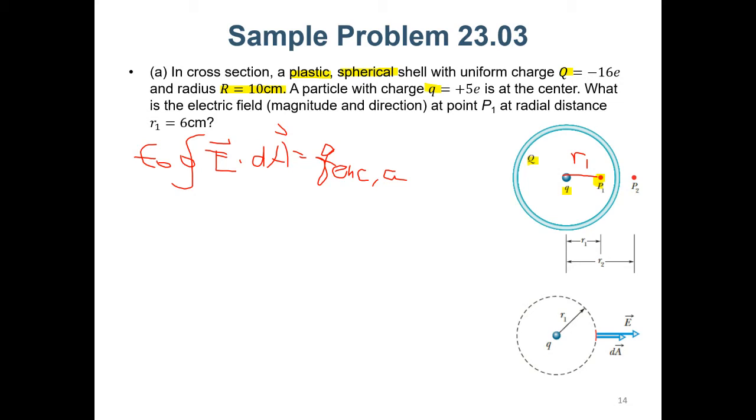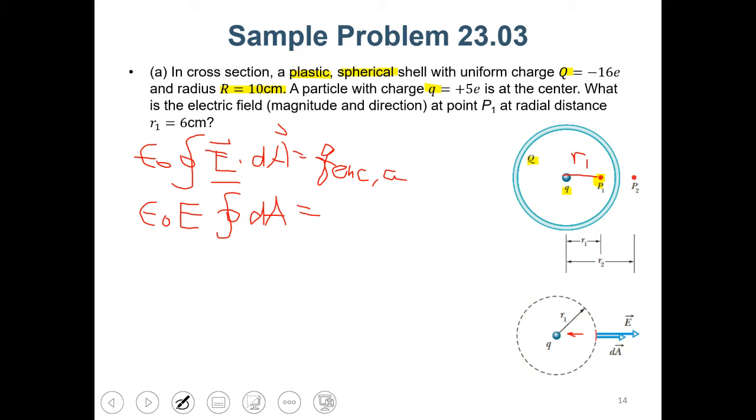You know that the E on this Gaussian surface should be constant. So it is epsilon naught E times the integral of dA equals small q.